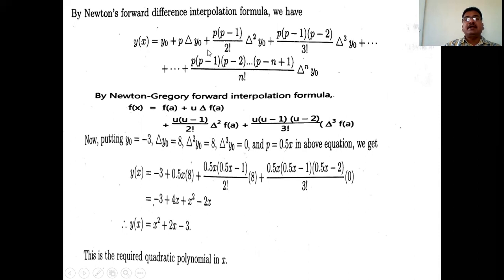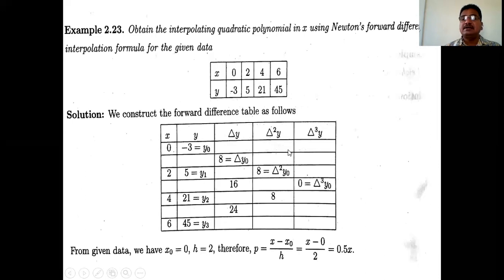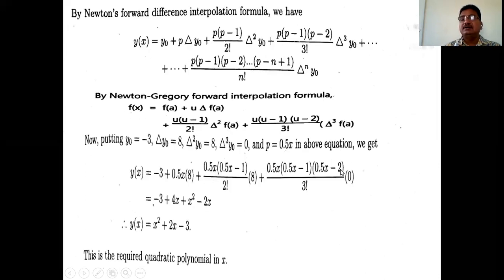Don't write f of x in the other notation. Write f(x) is equal to f of a plus u delta f of a plus u(u minus 1) by 2 factorial delta square f of a, and u(u minus 1)(u minus 2) by 3 factorial delta cube f of a. So write the terms up to delta cube, because if you observe the table, the last column is delta cube. So write the terms up to delta cube f of a.